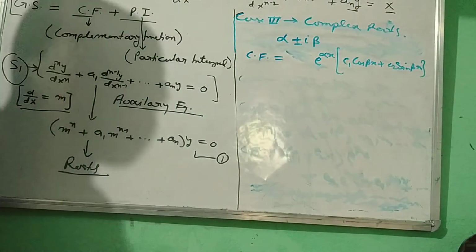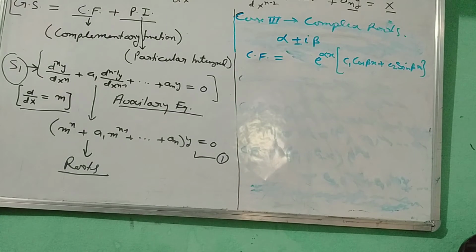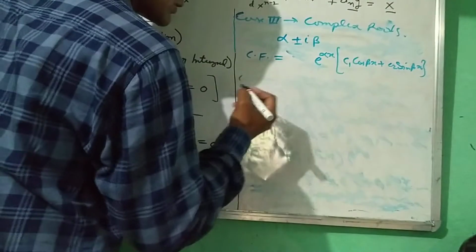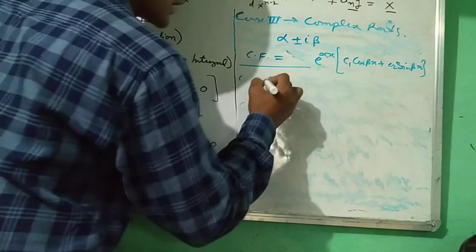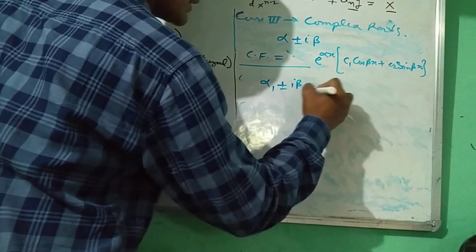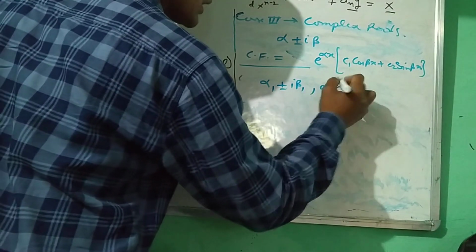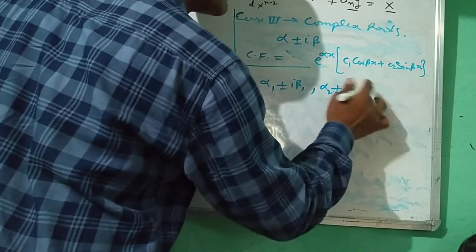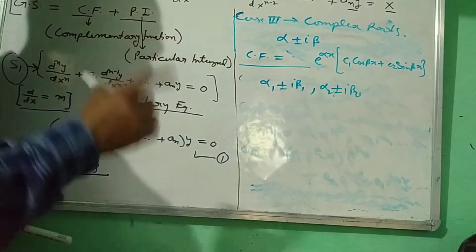Suppose that we have more than two complex roots. Suppose the complex roots are alpha 1 plus minus i beta 1 and alpha 2 plus minus i beta 2, so we have four complex roots.